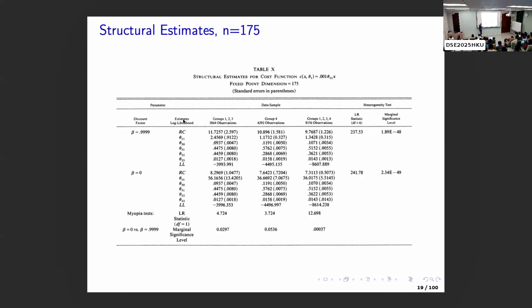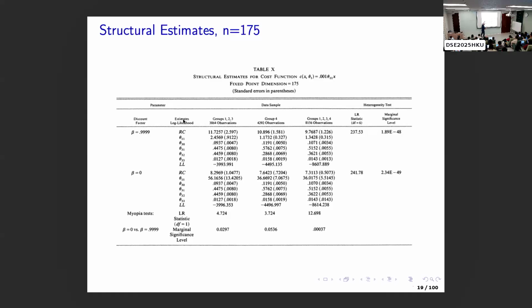So he estimated the model under these two sets of assumptions, and for different types of buses, like GMs and Fords and so on. We grouped these buses into bus groups 1, 2, 3, 4, 5, and then he estimated the model separately for the two bus groups, and then together.